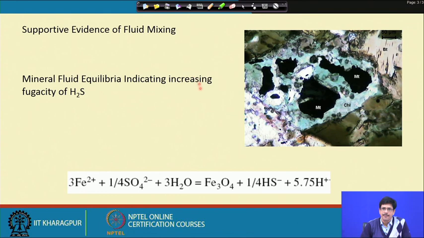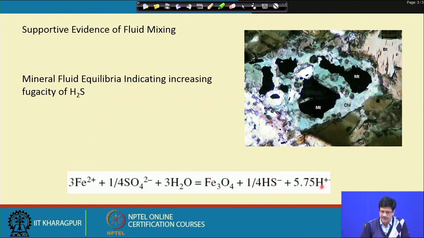If that fluid is channeled through the fracture zone and is now mixed with a fluid which is a little higher in its temperature but lower in salinity, and could possibly be charged with sulphurous species, then such a mixing could possibly be accompanied by inorganic reduction of the sulphate species to give rise to magnetite, and then the release of reduced sulphur species, either in the form of HS minus or H2S.